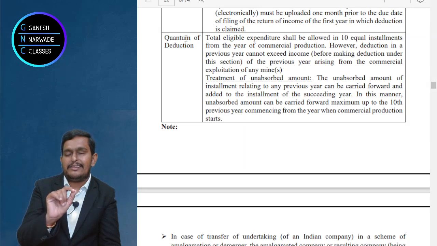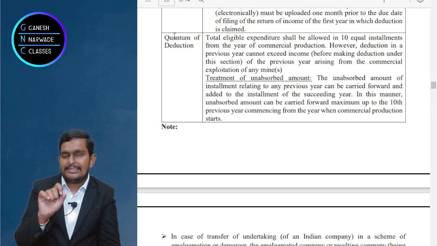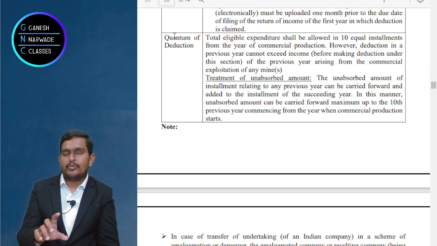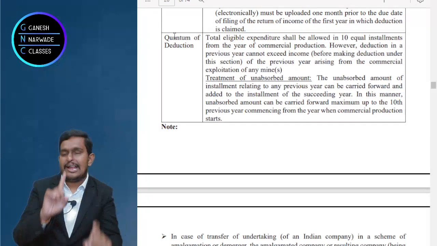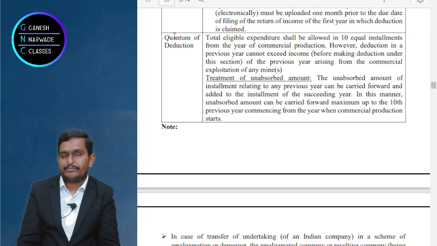All other expenditures for prospecting, extracting or production of mineral oils, you can claim deduction under section 35E, and that too the expenditure should be incurred in 4 years before and 1 year during commencement. If that expenditure is incurred, claim deduction in 10 installments.